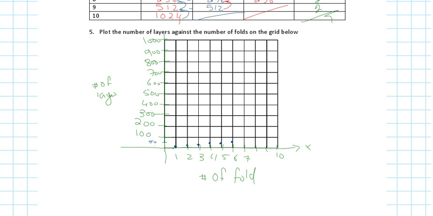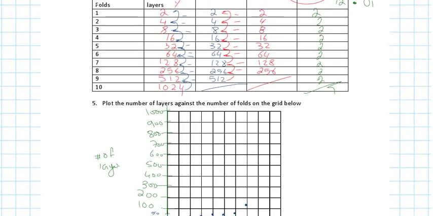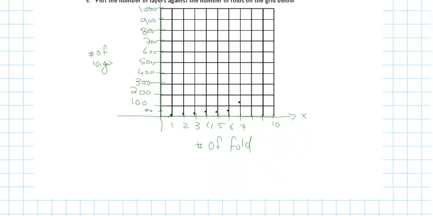At 8, what was it? 8 is 256. So if I'm looking here, that's 200, that's 250. For 9, it was 500 and something. And then for 10, it was 1,024, so I'm going to be somewhere above here.